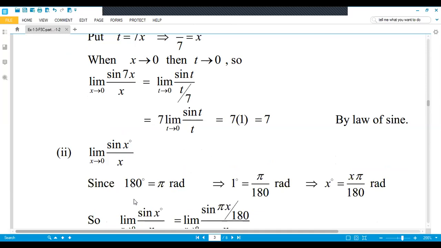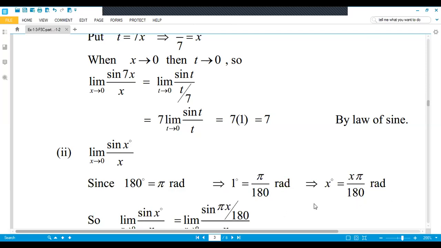So again, since 180 degree is equal to pi radian, 1 degree is equal to, here 180 multiplied when shifted to the other side will be divided, so 1 degree is equal to pi over 180. If we multiply x on both sides, x degree will be equal to x pi over 180 radian.